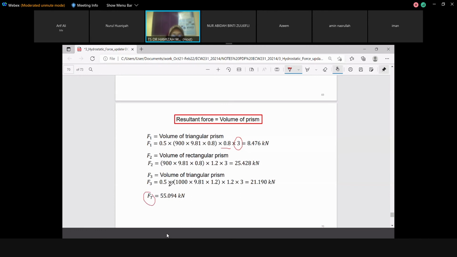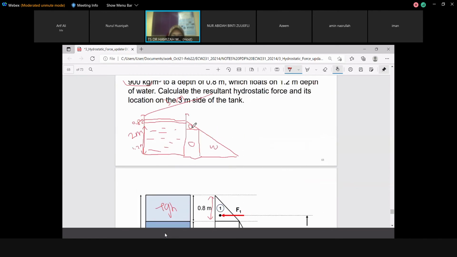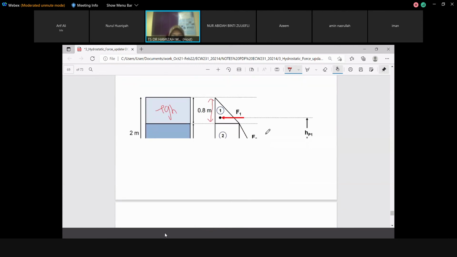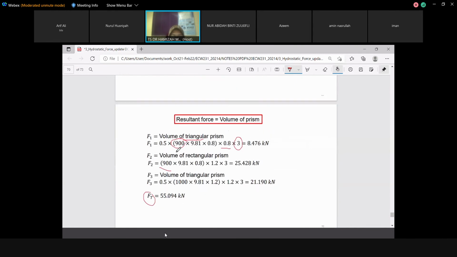So for this one, you need to be careful with the density. Okay, so you tengok ni triangle, density dia oil. So you check back, betul tak yang atas ni oil? Ni betul oil. Yang rectangle pun oil, so jangan guna water. So density for rectangle punya shape adalah oil.